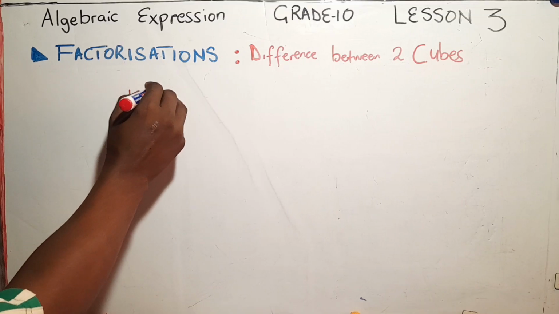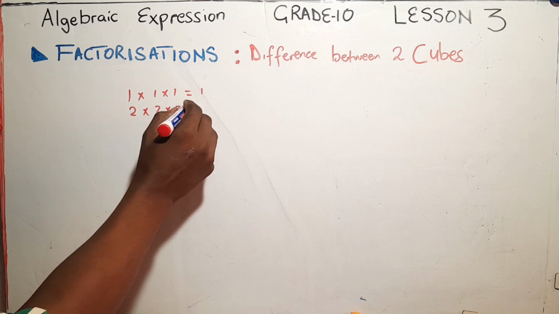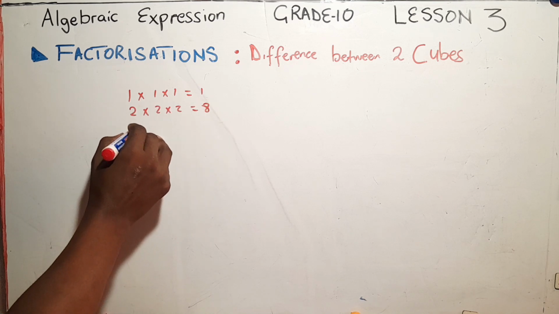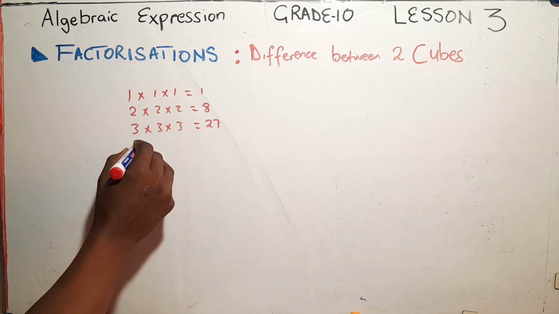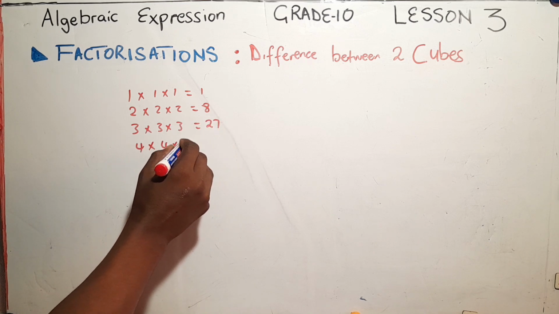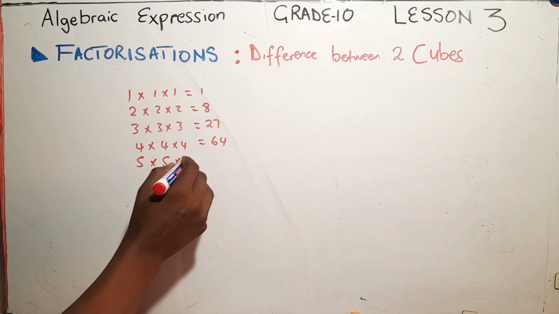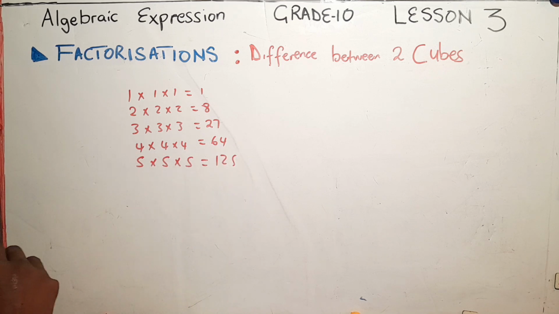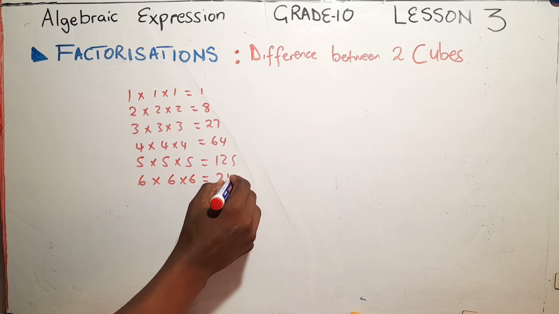So 1 multiplied by 1 multiplied by 1 gives us 1. 2 multiplied by 2 multiplied by 2 gives us 8. 3 by 3 by 3 gives us 27. 4 by 4 by 4 gives us 64. 5 by 5 by 5 gives us 125. And then 6 by 6 by 6 gives us 216.